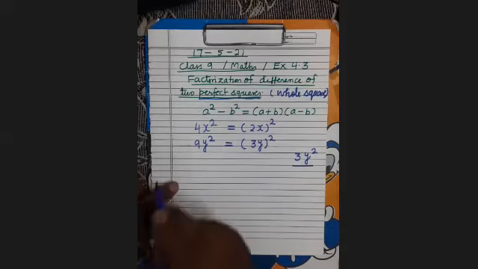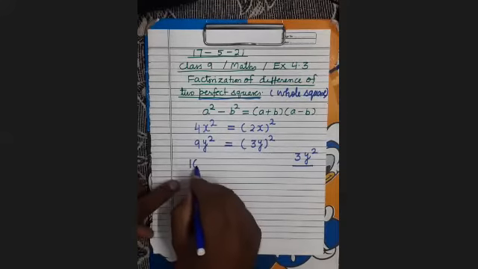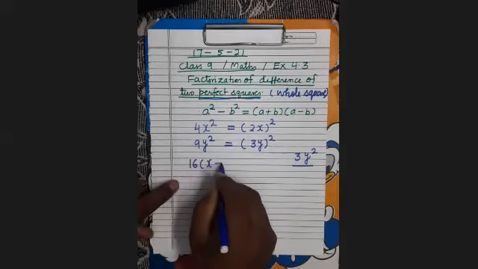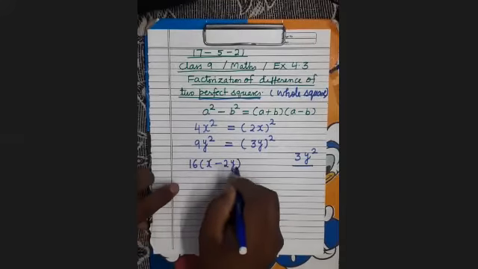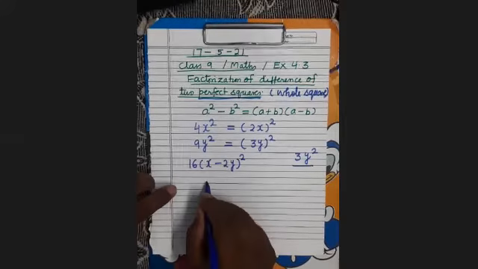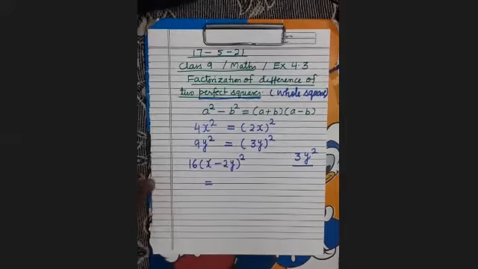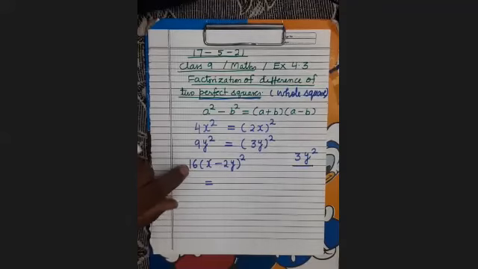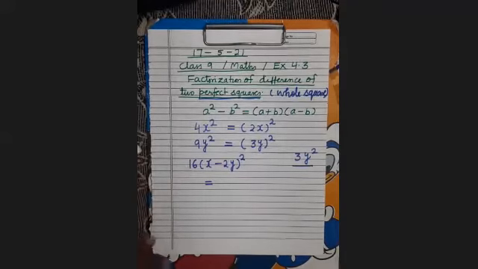Now suppose there is one 16 into x minus 2y. Whether it is in the perfect square form? So no. It is not written in the perfect square form. क्यों? क्योंकि यहाँ 16 स्क्वायर के फॉर्म में नहीं लिखा है. This part is written here.